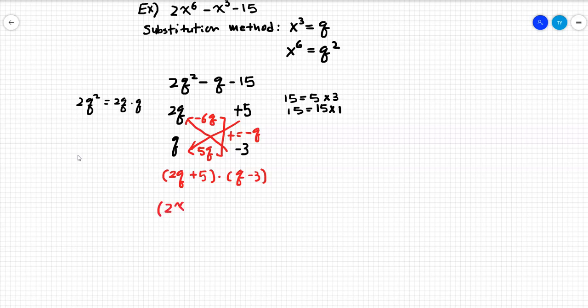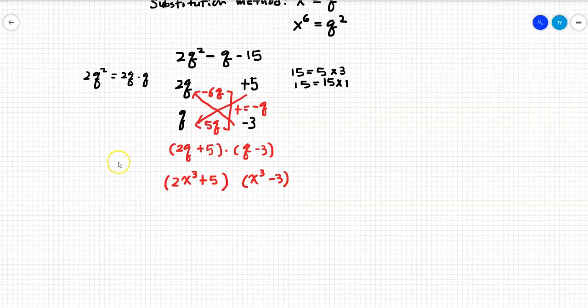Now we have 2x cubed plus 5, and then x cubed minus 3, and that should be our answer. So I just want to mention that there is the possibility that you're going to have to do the substitution if you see a big exponent instead of just a square.